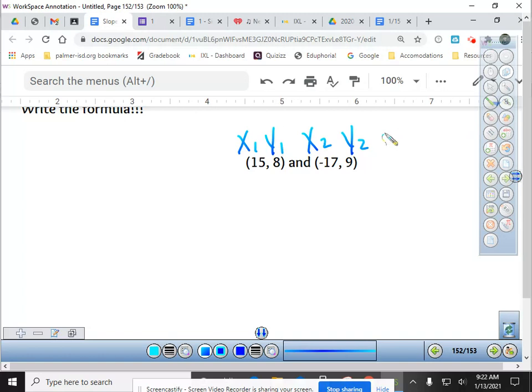Everybody, every time. And then we're going to write the formula. Y2 minus Y1. Not writing the formula and not labeling will definitely make you make a mistake. X2 minus X1.